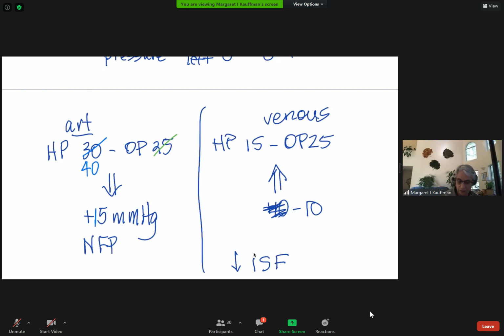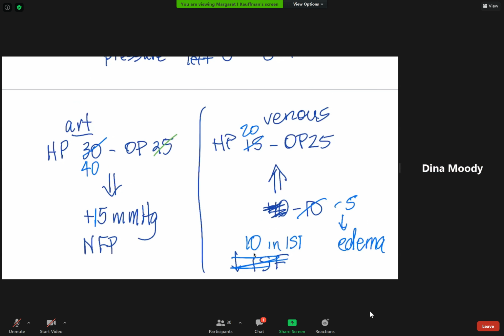So now you get 15 out here, and this drops to 20, you're only getting 5 to go back in, that's going to lead to edema as well. Because what's staying out here is now not 2, but 10 remains out here, right? In interstitial fluid. I hope I'm not doing the math too fast.